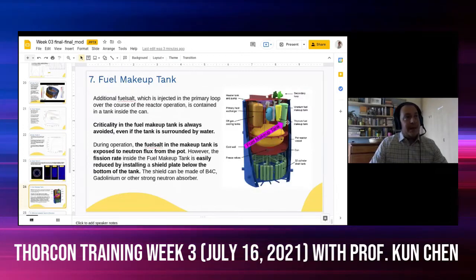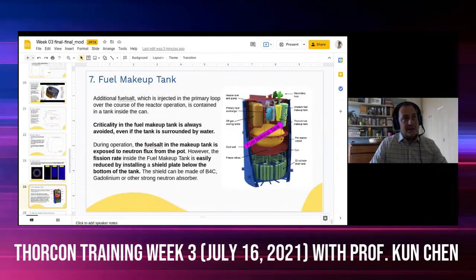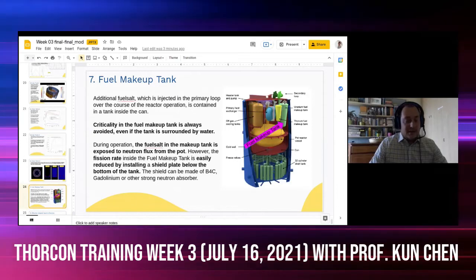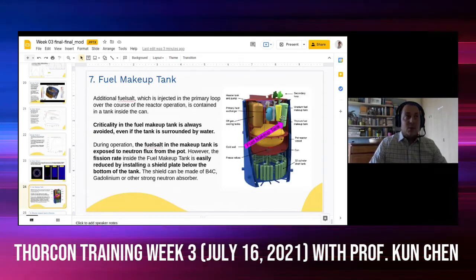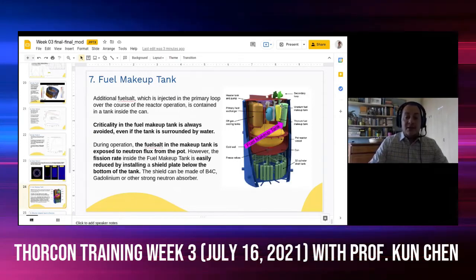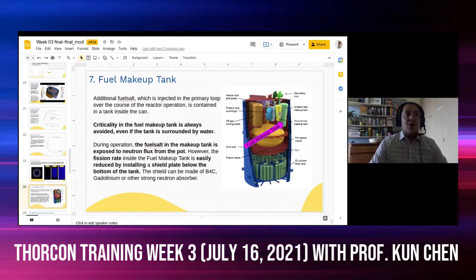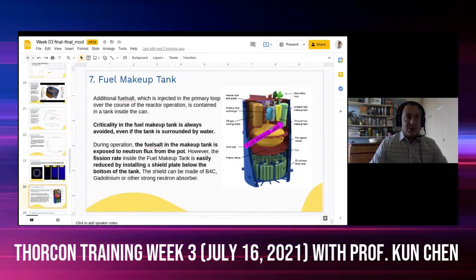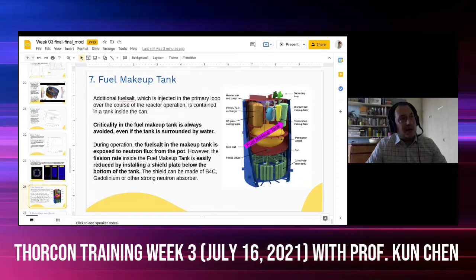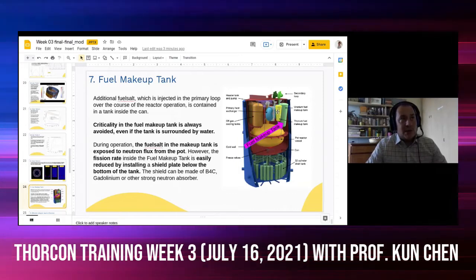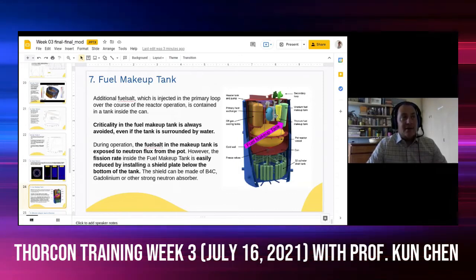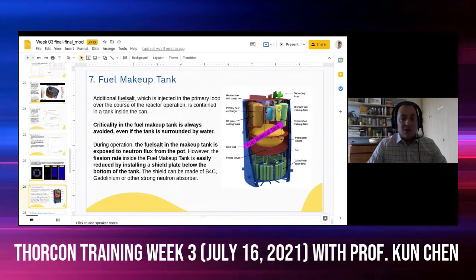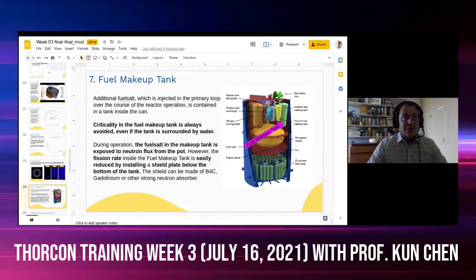So there is no possibility of criticality, even in case of flooding of the entire space surrounding the drain tanks. Also, the fuel makeup tank is this one. This is the tank that contains the fuel required to feed the fission reaction for the 4-year operation. While we are here, we can also see the thorium makeup tank next to it, that can be used to reduce the reactivity of the system.